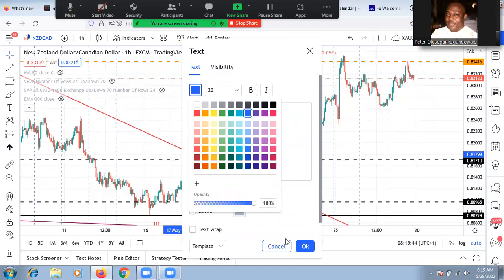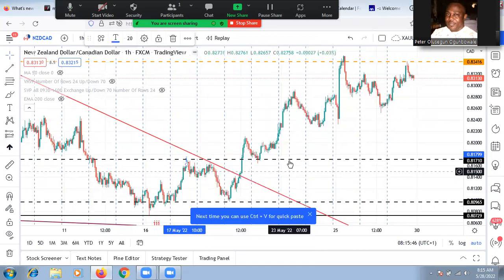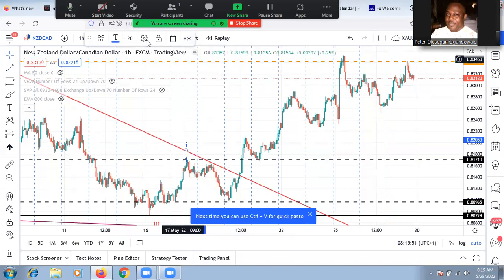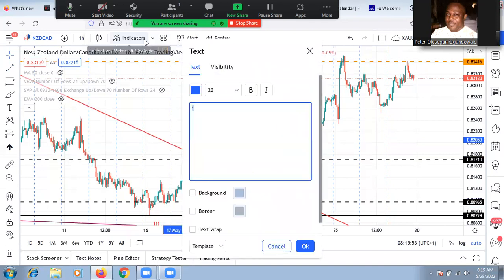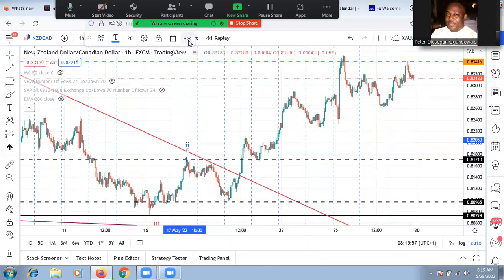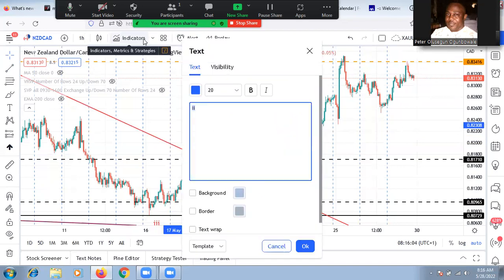Let me use that color for the blue degree. We now have a 2 before we have a 3. Just pay attention to this. You will see much better with this.